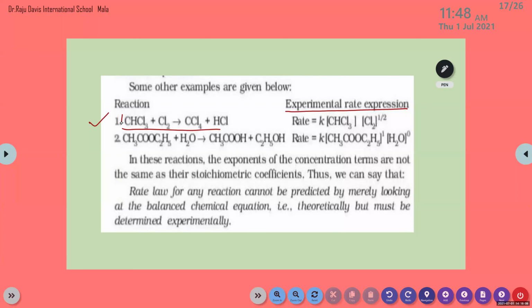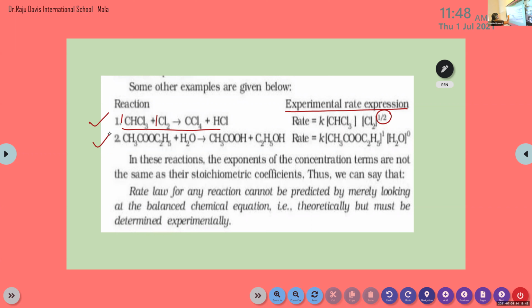Here the coefficient is 1, here also it is 1. In the rate equation, K into concentration of CHCl3 into concentration of Cl2 raised to 1 by 2. What about this case? Is it same or not? Nandana? No, right? So in this case, it is not equal to the stoichiometric coefficients of the balanced chemical equation. In the second example also, a similar thing.